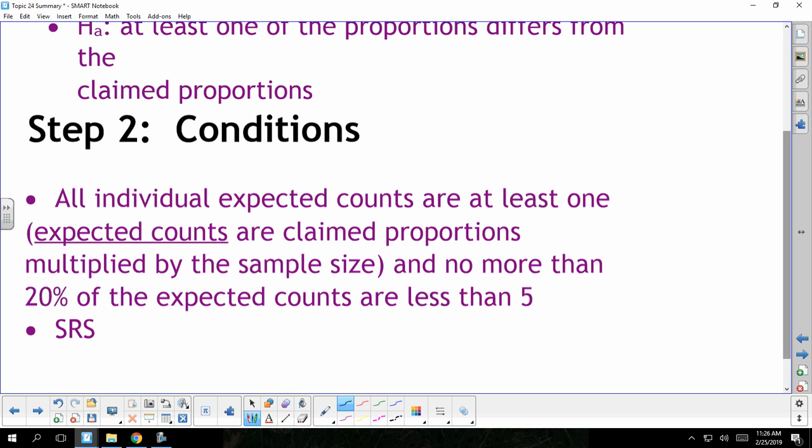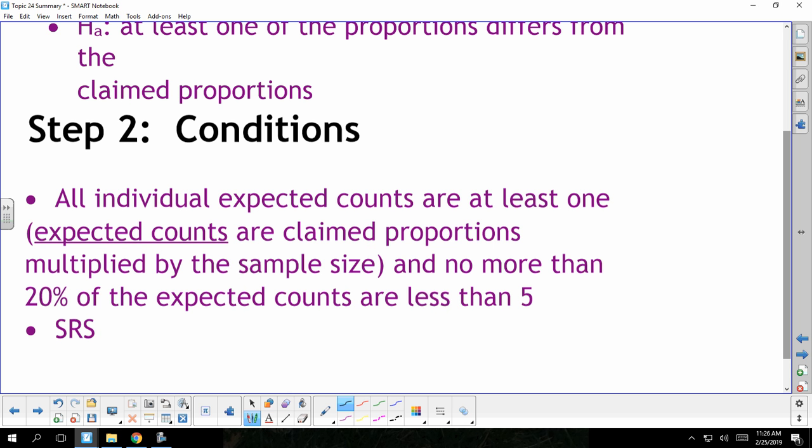So all individual expected counts are at least 1. So expected counts are claimed proportions multiplied by the sample size. So we know that we have those claimed proportions. We can multiply by the sample size, and that's the expected amount that we should get from that sample.